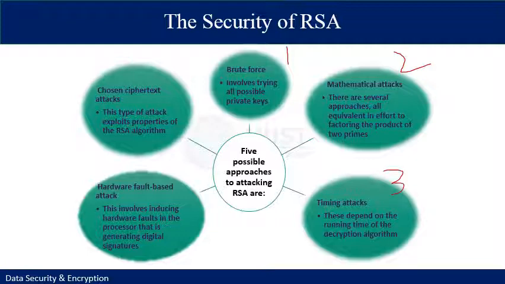Similarly, timing attacks depend on the running time of the decryption and encryption algorithms. Hardware fault-based attacks involve inducing hardware faults in the processor that is generating the digital signature. And chosen ciphertext attacks on RSA exploit the properties of the RSA algorithm.